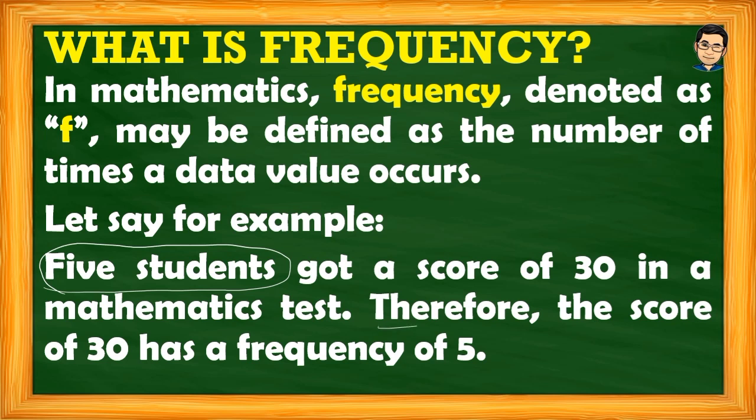Therefore, the score of 30 has a frequency of 5, because 5 students ang nakakuha ng 30. Like for example, 12 students got a score of 25. Kung frequency ang tinatanong, the answer is 12, because there are 12 students who got a score of 25.